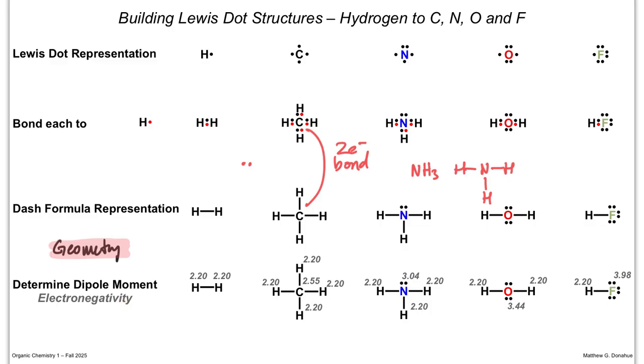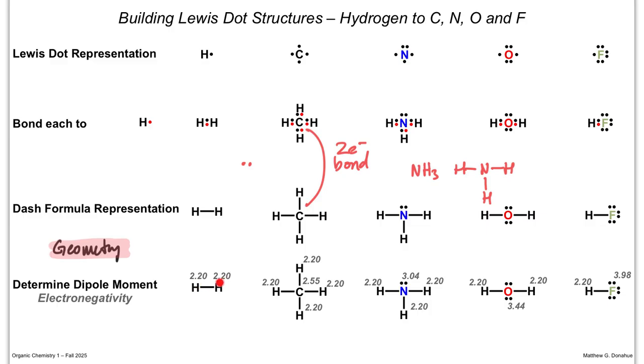electronegativity, and that helps us determine if a molecule is polar or nonpolar. So the values in gray are the electronegativity values from the Pauling scale, and that's shown on another slide. So hydrogen's 2.2. So between these two elements, there's really no difference other than some sort of fleeting change in polarizability due to electron or nuclear movement.